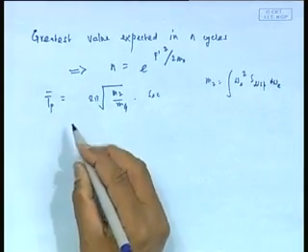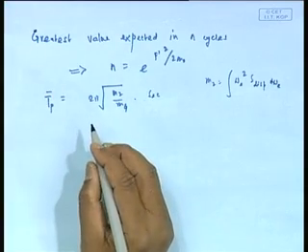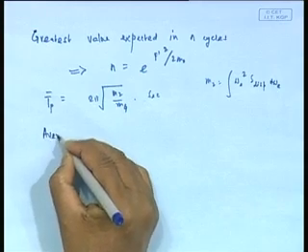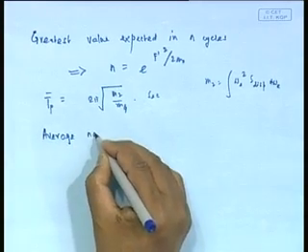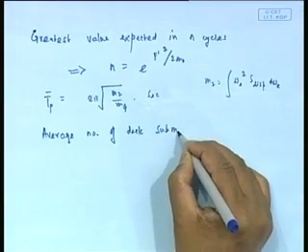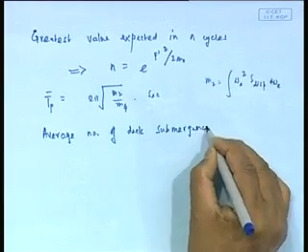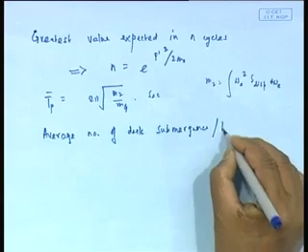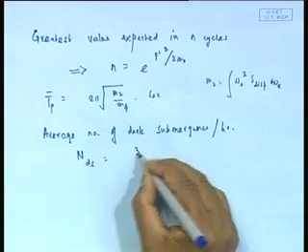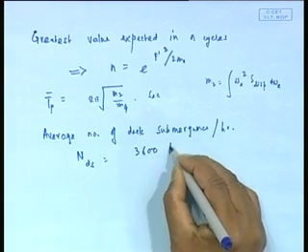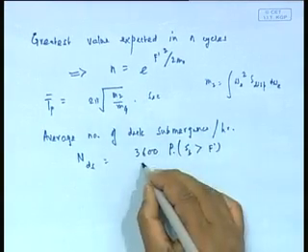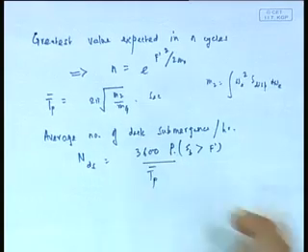And the average number of deck submergences will be 3600 times the probability of SB exceeding f dash, divided by Tp dash.